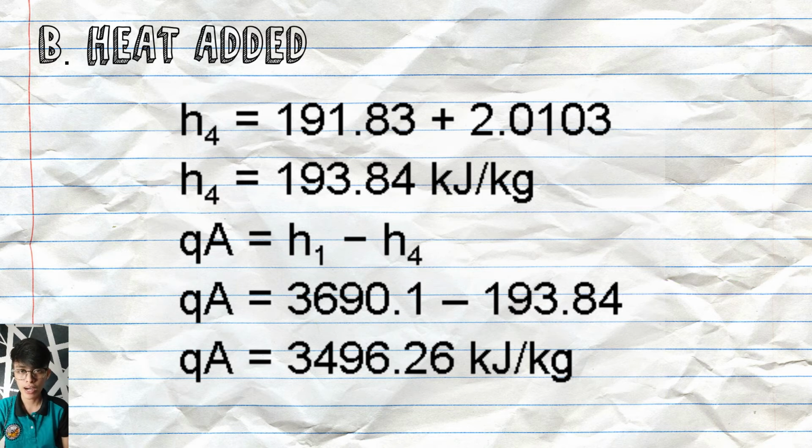Now, going back to heat added, we're just going to substitute all the given to the formula. QA is equal to H1 minus H4, so QA, or the heat added, is equal to 3690.1 minus 193.84, which is equal to 3496.26 kilojoules per kilogram as our heat added.